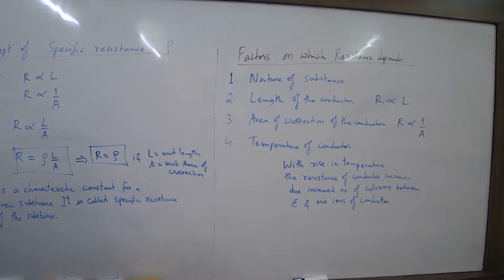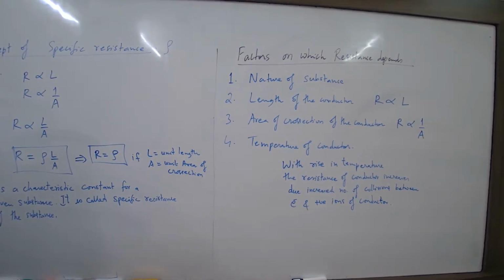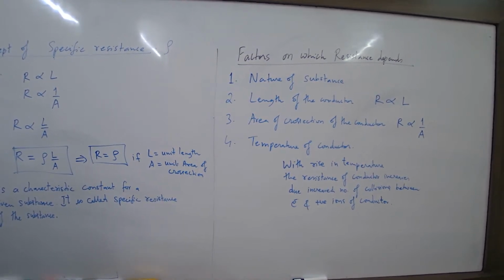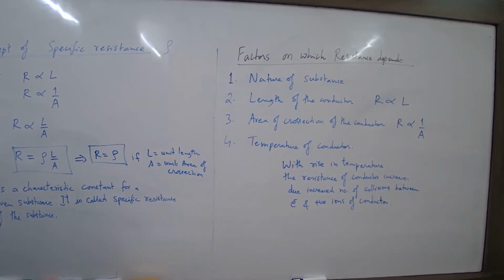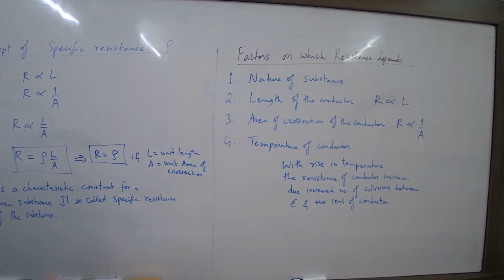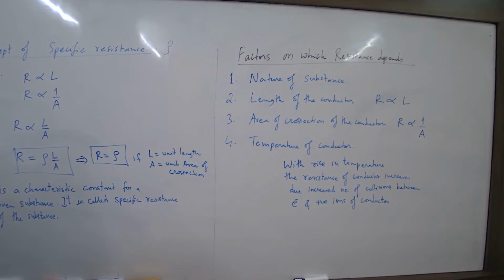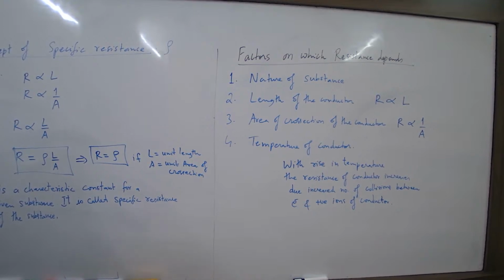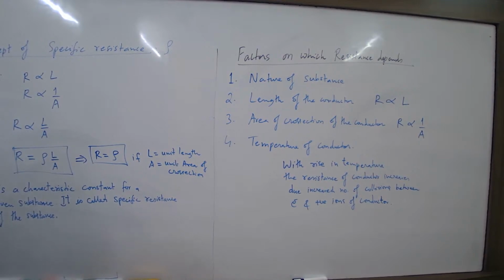And for alloys it is in between. Generally the specific resistance of alloy is higher than metals. Then you have semiconductors. Can you see the table? For semiconductors the values lie between metals and insulators.